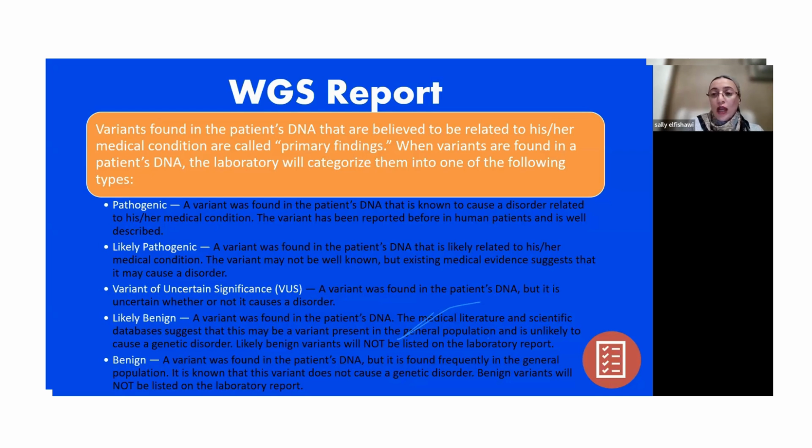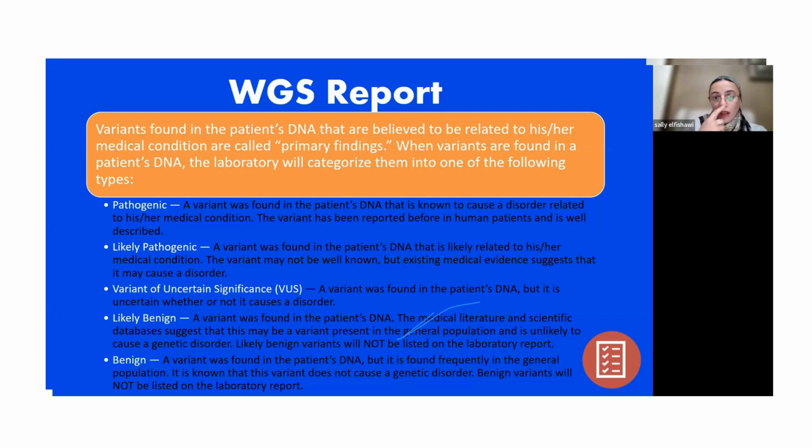So we don't have any sure knowledge of their disease causing effect. And we have the likely benign or benign variants. These variants don't cause any change in the protein sequence. They are not reported to cause any diseases. So they are just variations in the sequence that happen normally within individuals.